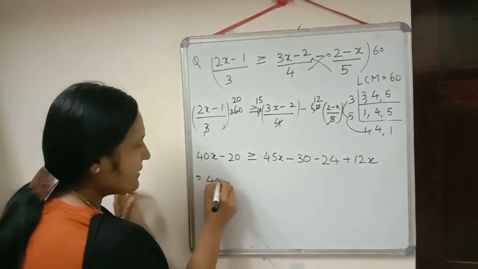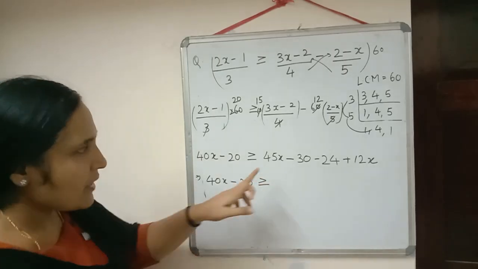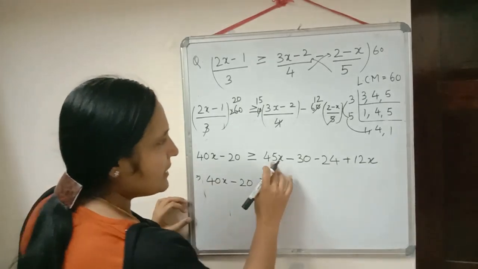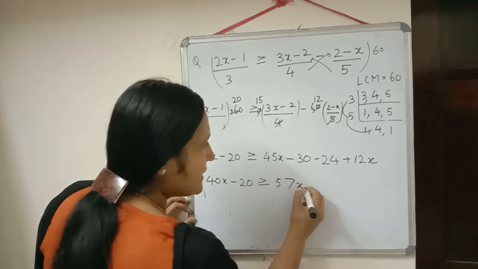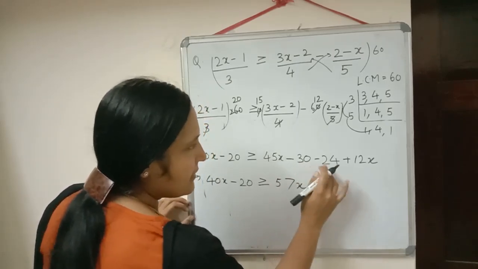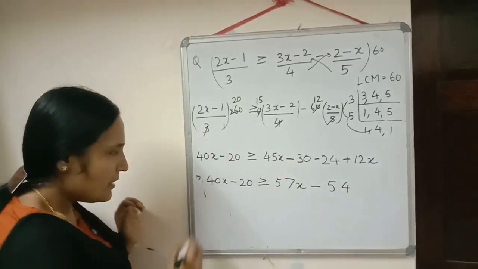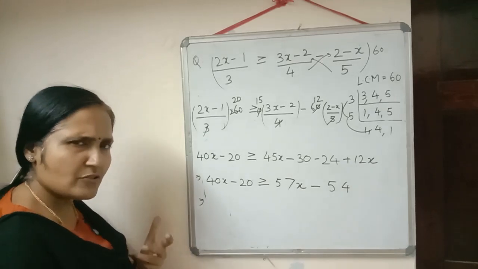Now we can simplify the right hand side first. Minus 20 greater than or equal to 45 plus 12. 45 plus 12 will be equal to 5 plus 2 is 7, 4 plus 1 is 5, so 57x, minus 54, 3 plus 2 is 5. Correct? Now just to check which number is greater, or we can shift that negative number also, no problem there.